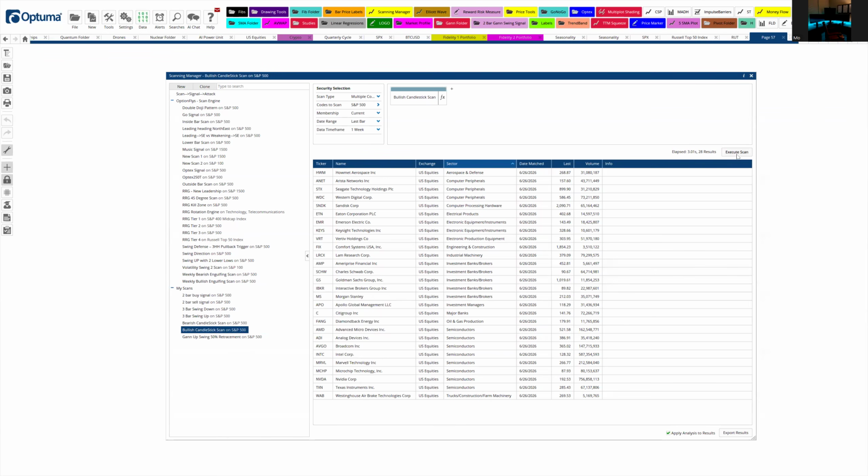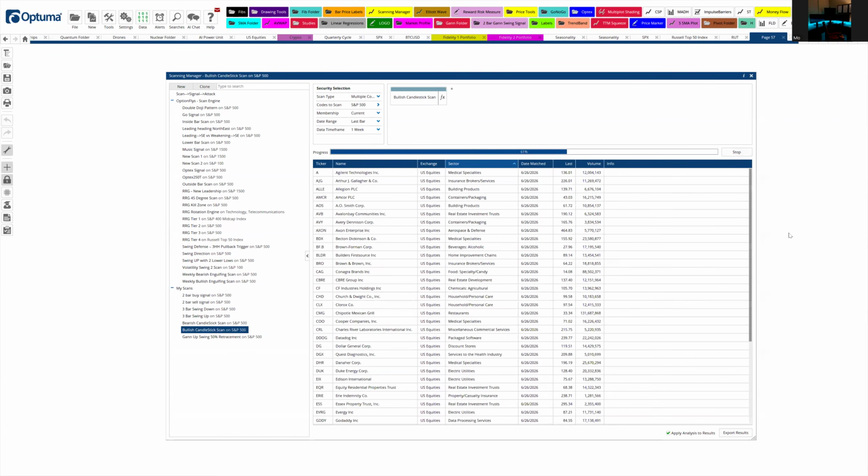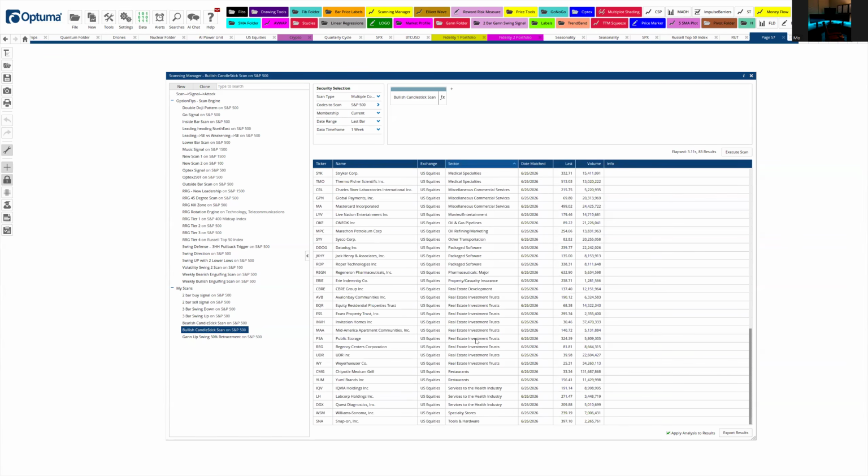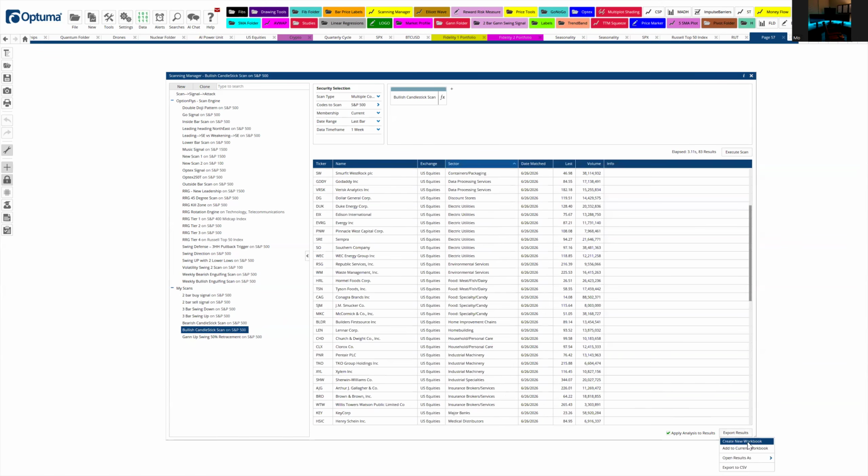How many bullish? A lot. 83 of them. These stocks all closed with a bullish engulfing candle. So we got United Airlines, Coke. We don't know how many of them have the swing up and swing down. We can find out.